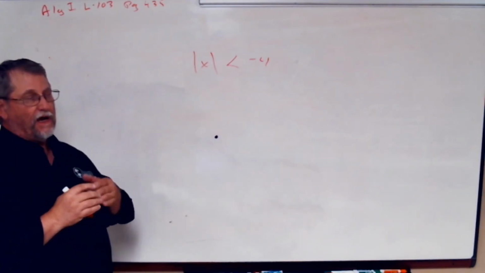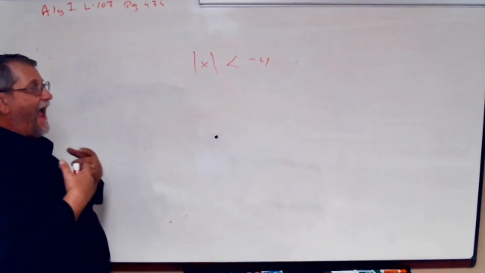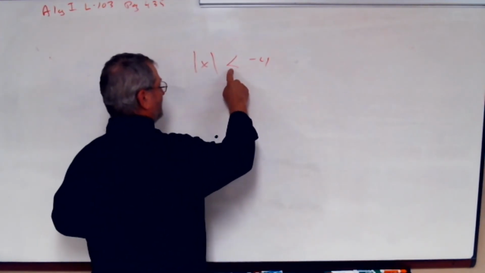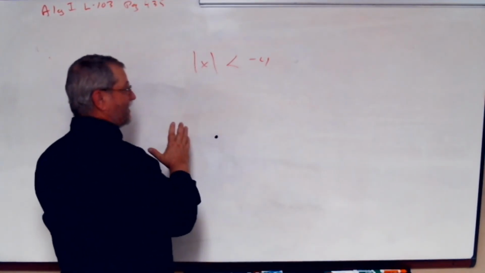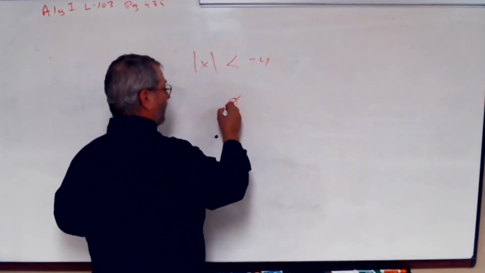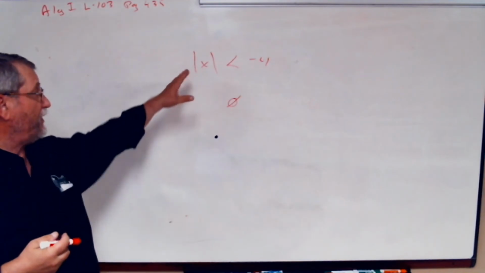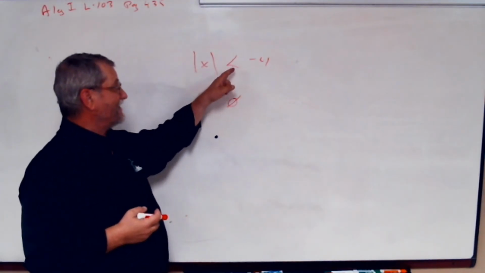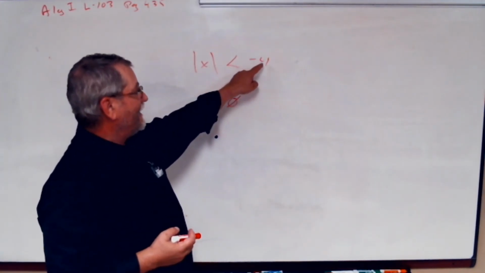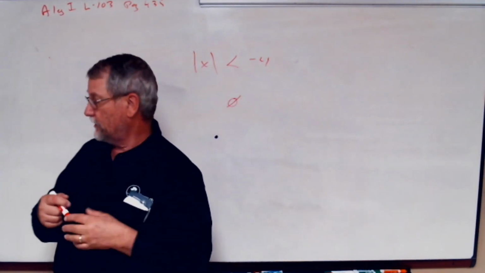You have to ask yourself, is there any positive number ever that is going to be less than a negative number? Is there any positive number that works? The answer is no. There is no answer. There's nothing that'll work. Nothing that you put in here, when it comes out, is going to be less than a negative number. You have to look. You have to think what's going on.